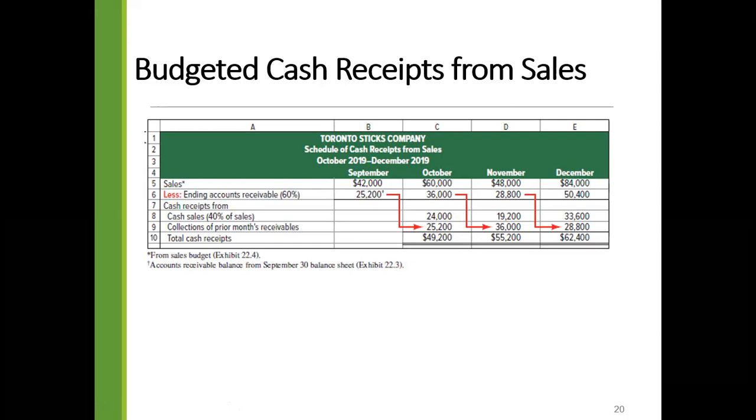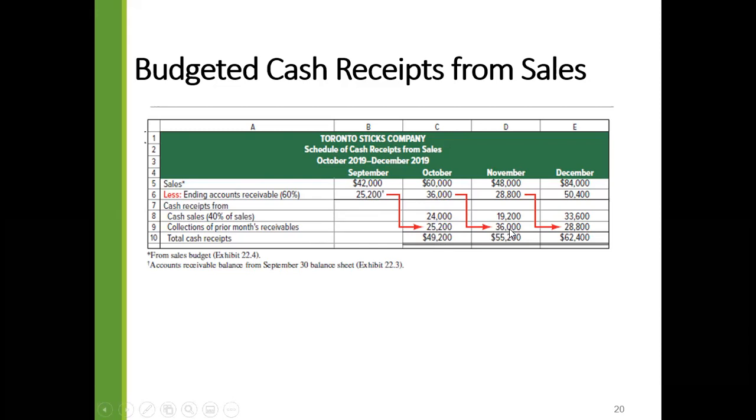So of this 60,000, we expect to collect 24,000 in cash from customers. And then we're also going to add in any cash that is expected to be collected from the previous month of sales to get our total cash receipts for that month. If we look here in October, 36,000 represents the customers that paid on credit. That's the amount we expect to collect in November, right?